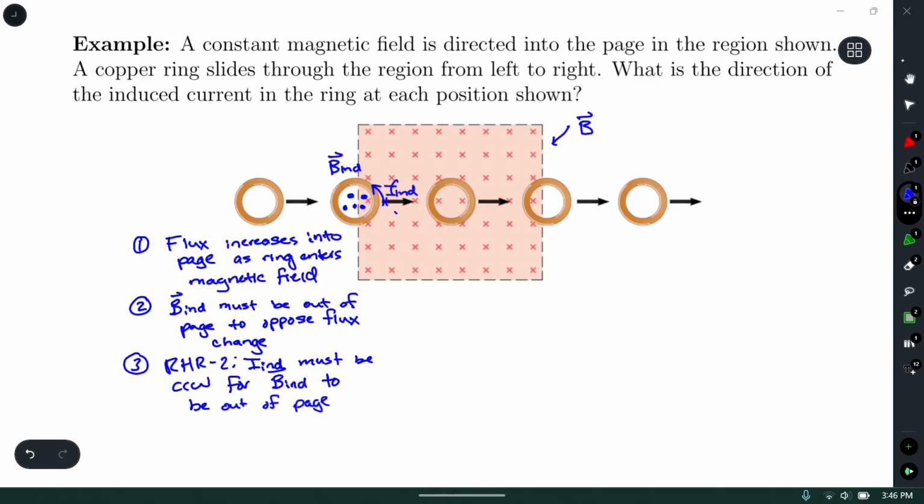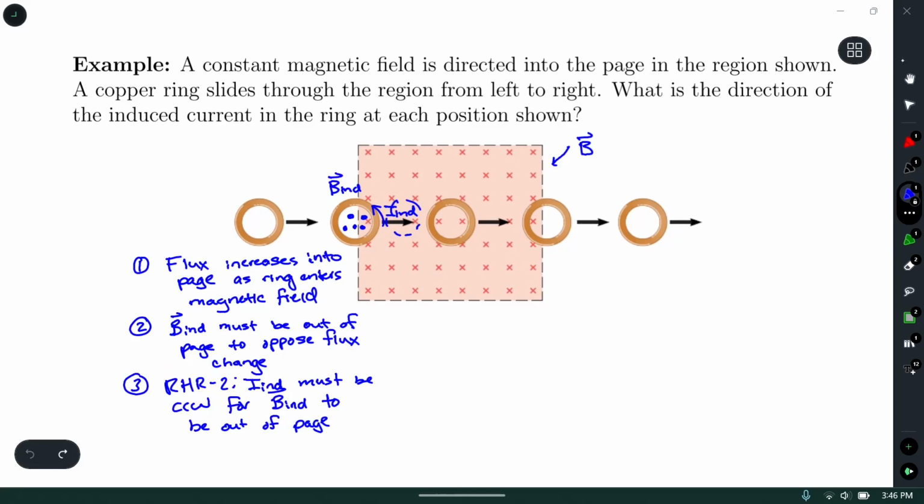So if we think about once it's fully in the field to over here, there will be no change in flux, and so no current induced. We're seeing no change in flux. Because there's no change in flux, there's nothing to oppose, so there is no induced magnetic field. And if there is no induced magnetic field, there is no induced current creating it.